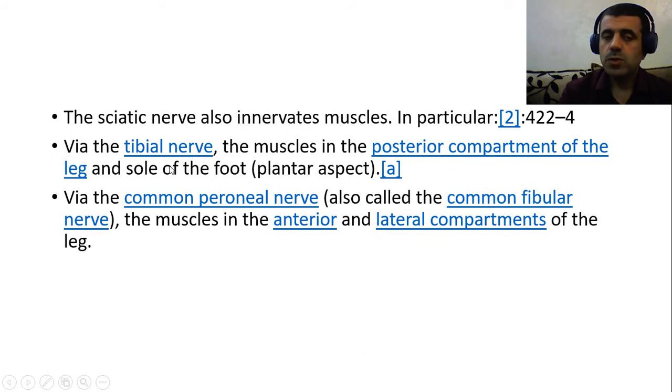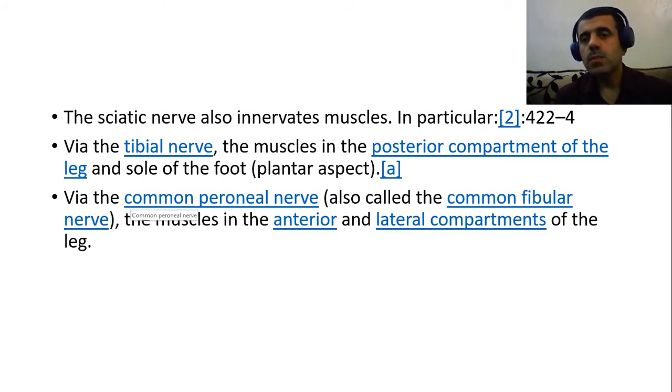So the tibial nerve supplies the skin of the sole, also the muscles in the sole of the foot, and also the muscles of the posterior compartment of the leg.